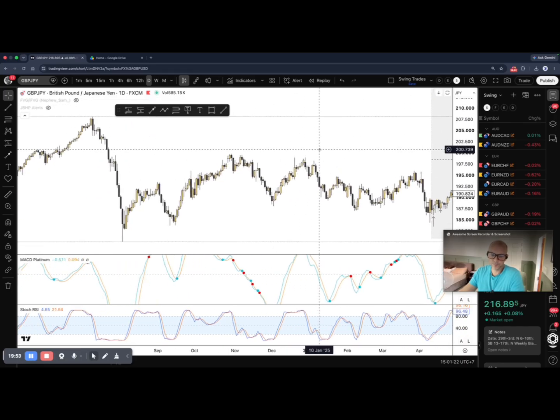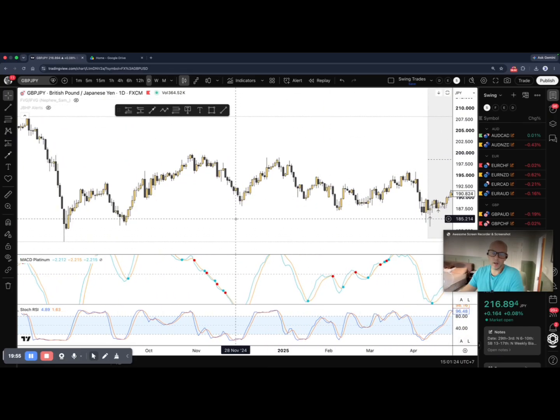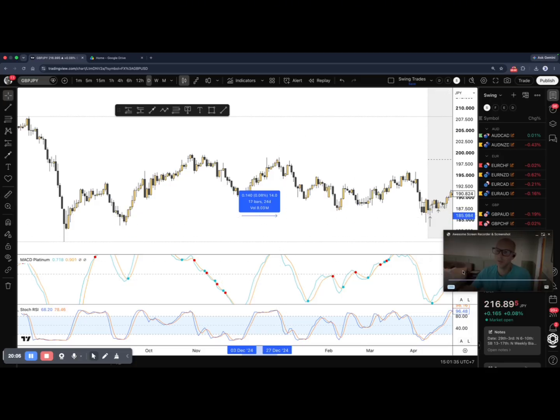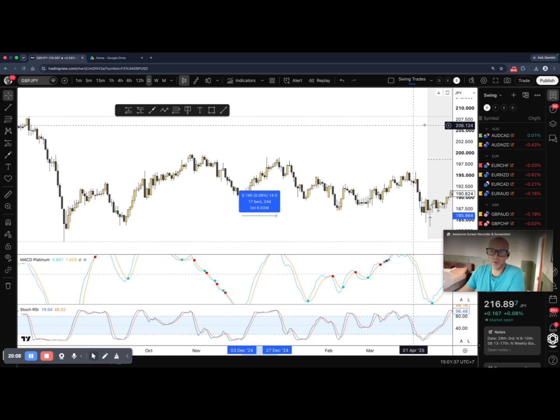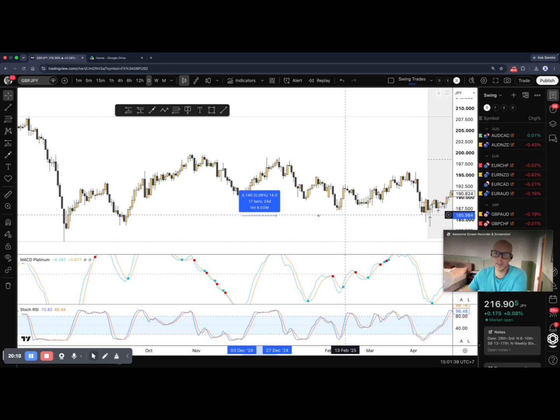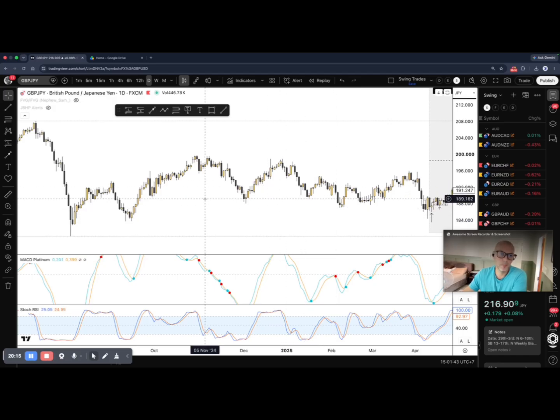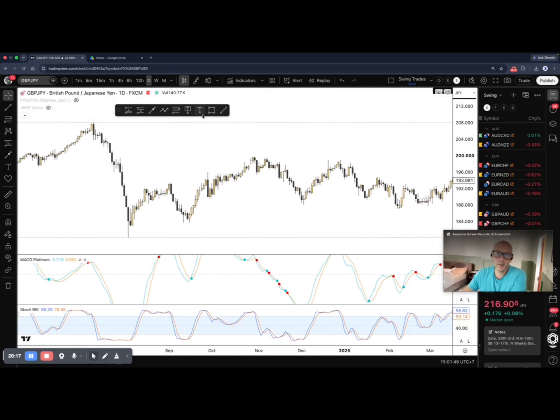Sometimes you get trends that only last, so for this case here on a daily, before it starts reversing, 14 days. And this is where I use the MACD and stochastic RSI just to see if we can take advantage of these moves as well. Okay, so let's pick this one here.